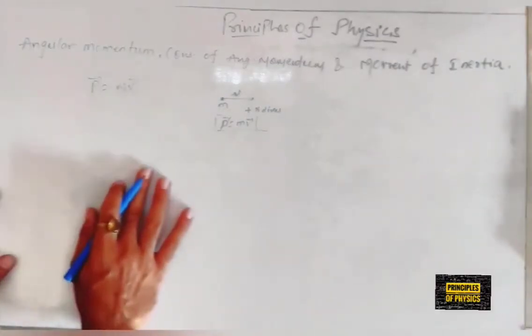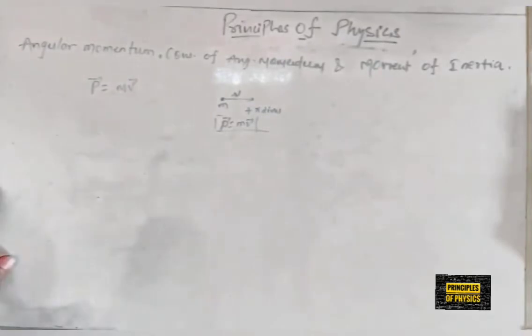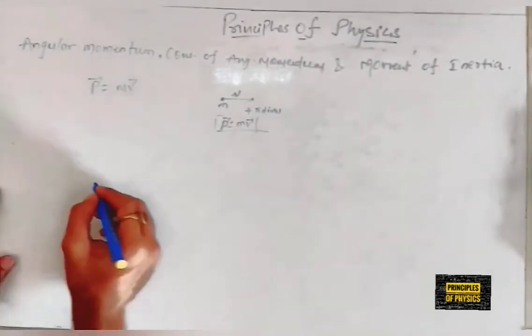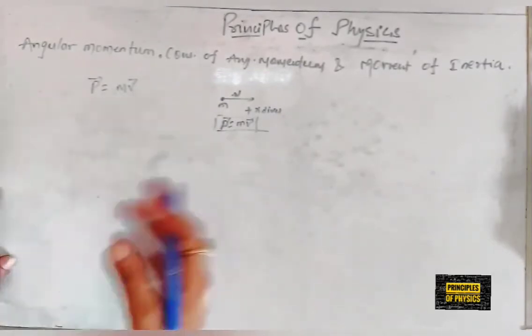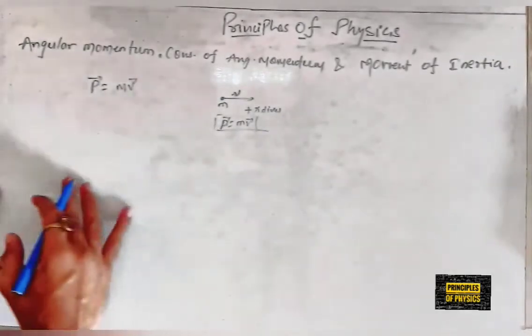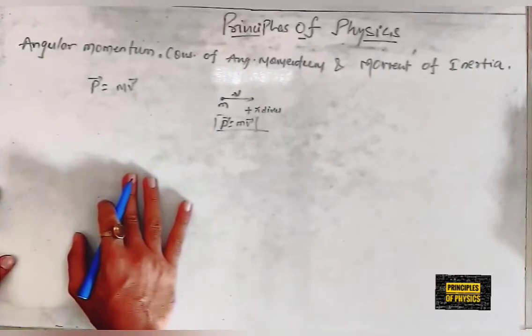But in the case of rotational motion, a new term comes in, that is angular momentum. So we will derive its formula and its direction relative to the linear momentum.